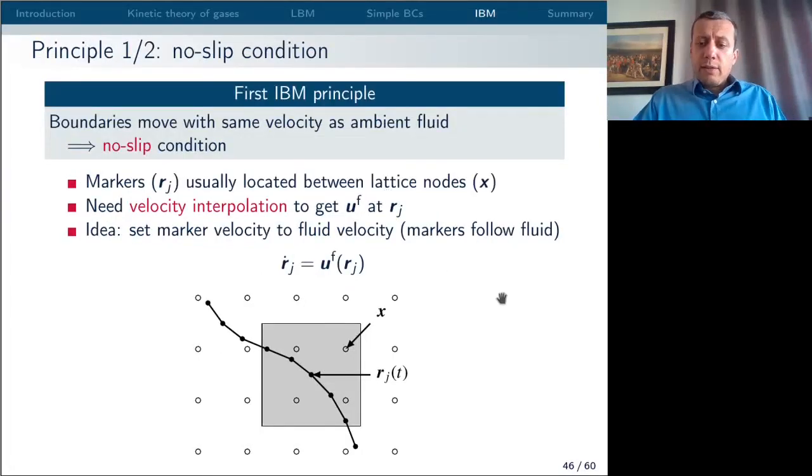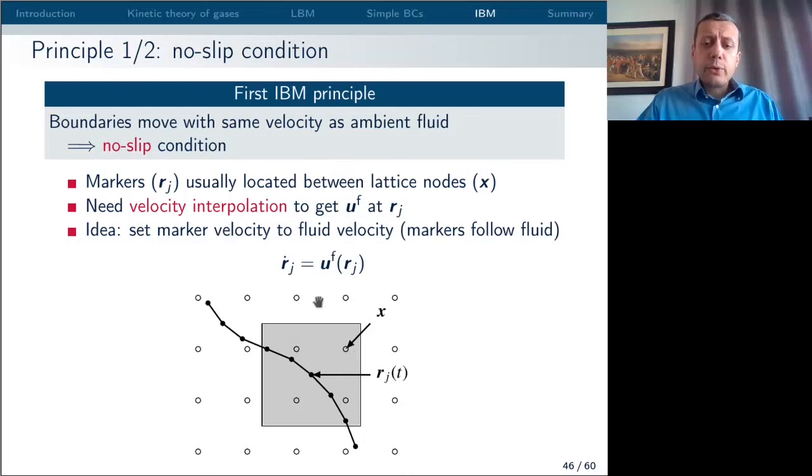The first idea of the immersed boundary method is that the boundary will move with the same velocity as your fluid, which is the no-slip condition, which means your markers, which have positions r, have to know what the velocity of the fluid is around them. So for example, this marker here is asking all the fluid nodes in its vicinity, what is your velocity? And then you have some kind of interpolating function that determines the velocity of the lattice at the position of this marker, and I will get back to that in a minute.